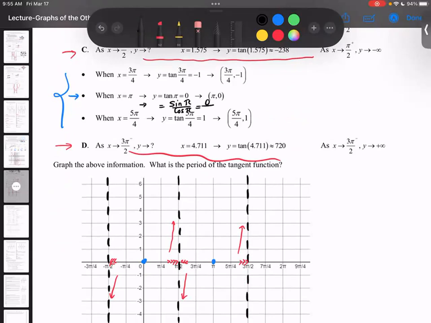What is cosine pi? 1 or negative 1? Negative 1, right? 0 divided by negative 1 is 0. That's why tangent pi is 0. You can do it that way too. There are many ways to do this.